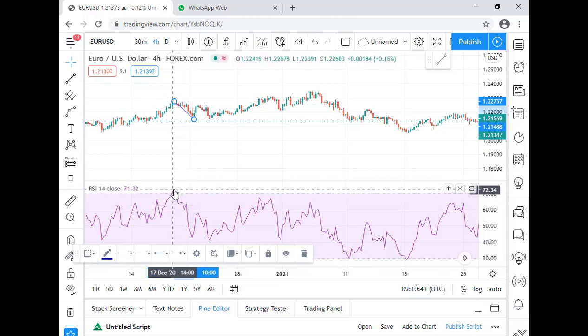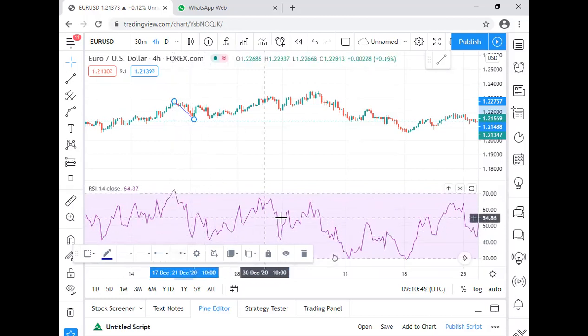So I use it majorly at the overbought and the oversold regions. I don't use it at all other points on the RSI, like when the RSI is maybe in the 40 to 50 or 40 to 60 range.